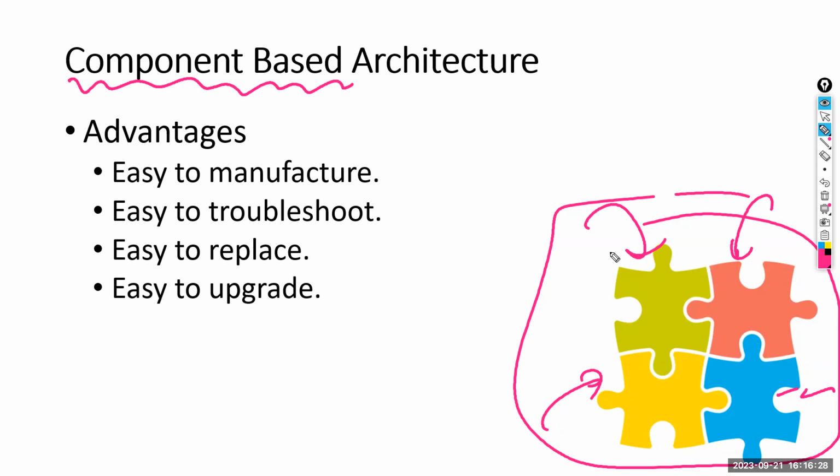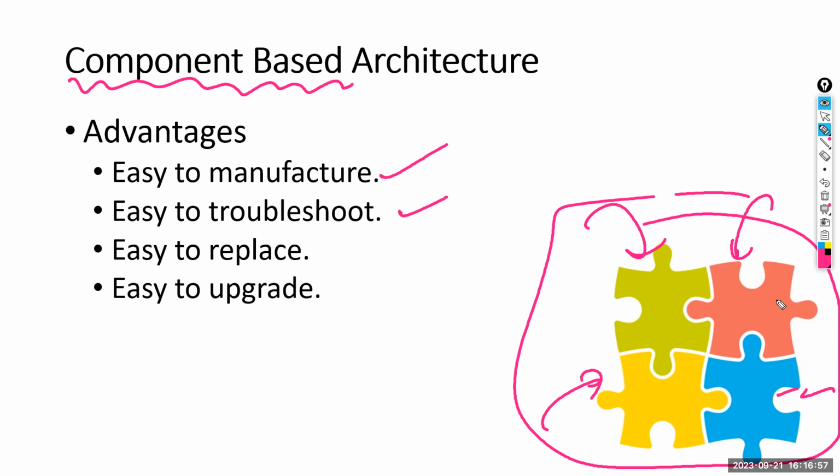So what is the advantage of this kind of component-based architecture rather than building it as one big monster device? For example, a rocket is not a component-based device; it is one big monster. So it's easy to manufacture because every manufacturer concentrates on their part. And it's easy to troubleshoot also.